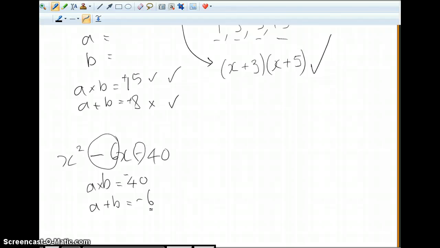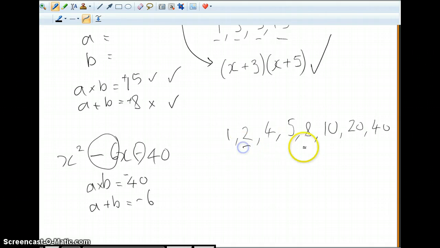Again, write out the factors of 40 blindly off to the side somewhere. 1 is always 1. 2 if it's an even number. 4, 5, 8, 10, and 20, and 40. Again, all of these, well, 2 times 20 gives 40, but do they give a difference of 6? No, they don't.